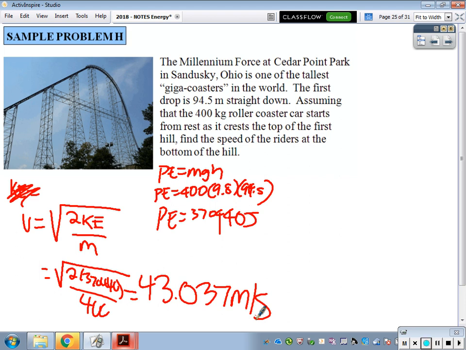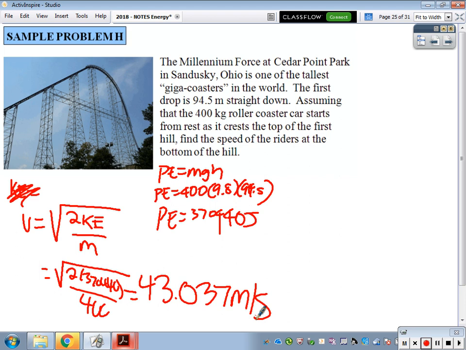So why is it we get an overestimation of our speed? Well, the reality is, what we would observe is going to be less. So why is it we've said it? Friction. Think of all of the sources of friction.